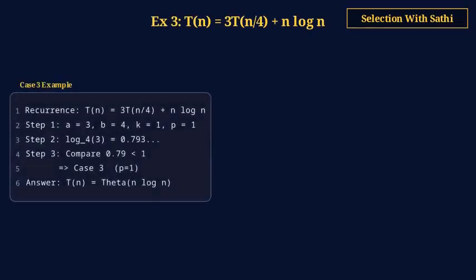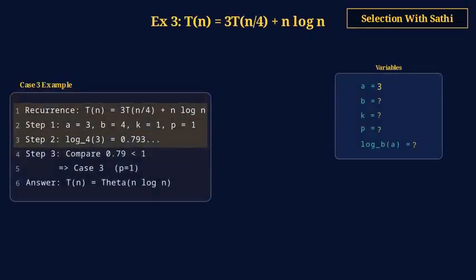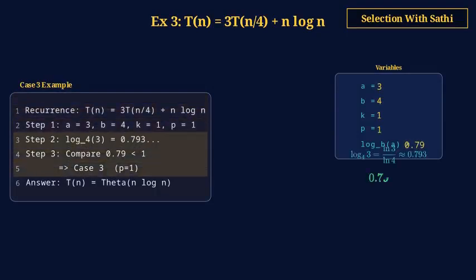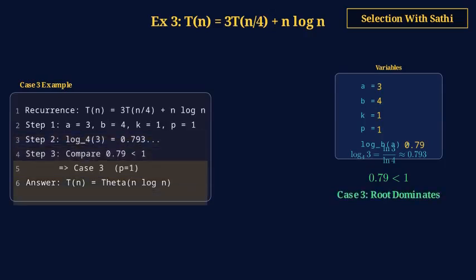Example 3 involves the log factor. T of n equals 3T of n over 4 plus n log n. Here a is 3, b is 4, k is 1, and p is 1 because of the log n factor. Log base 4 of 3 is approximately 0.79. Comparing, 0.79 is less than k, which is 1.